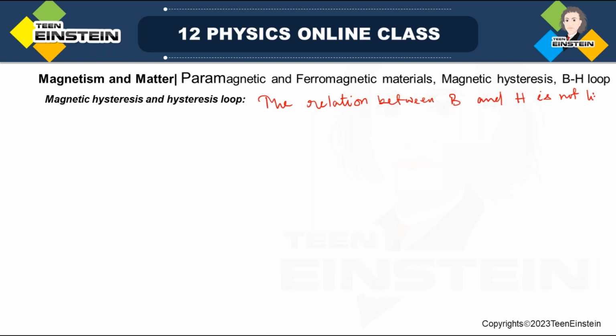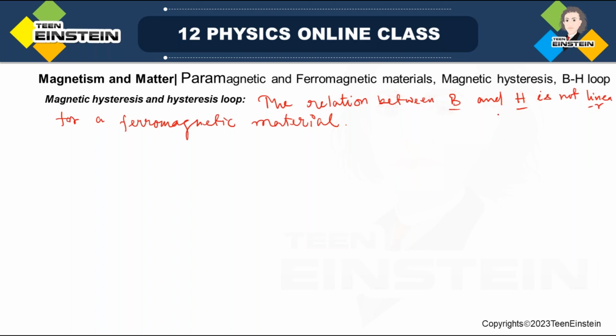Not linear. This relationship is linear for a paramagnet, but for a ferromagnet it is not linear. So what do you mean by this?